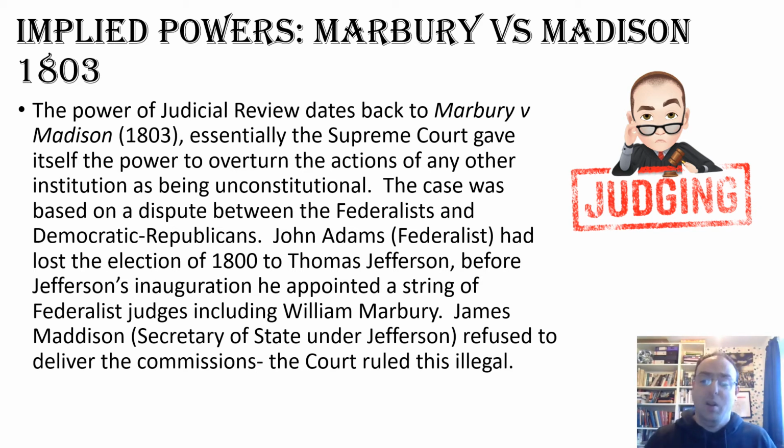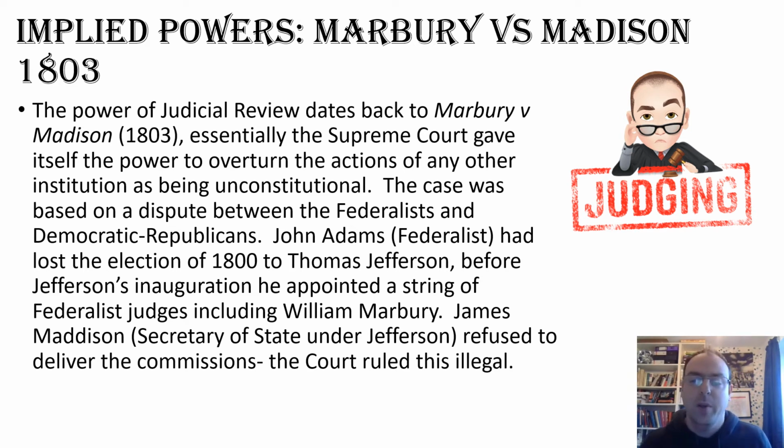John Adams had been a Federalist president. He'd lost the election of 1800, but before Thomas Jefferson, who replaced him, could be inaugurated, Adams appointed a load of judges to the various circuit courts.